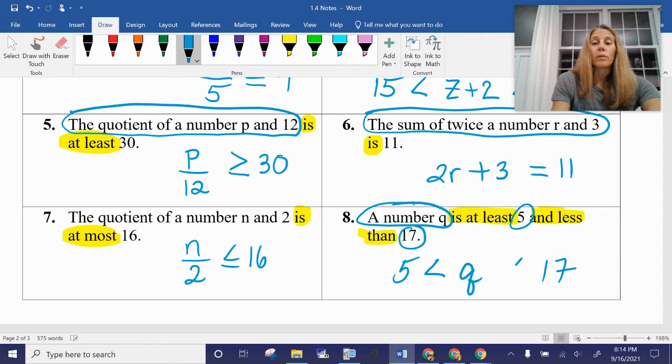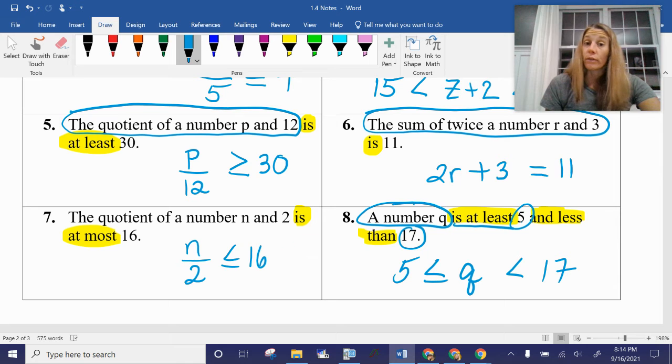Both of the inequalities are going to face pointing to the left, opening to the right. At least 5 indicates it could also equal 5. And less than 17 just means it's less than 17, not equal to. And that's how we would translate all of those verbal sentences.